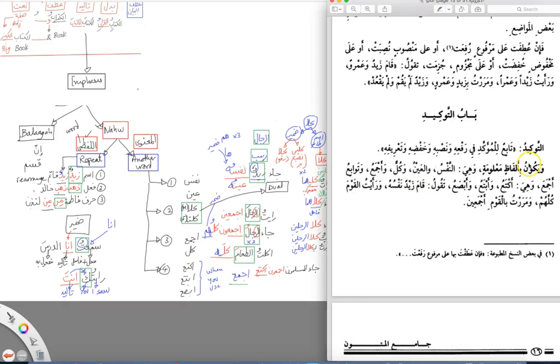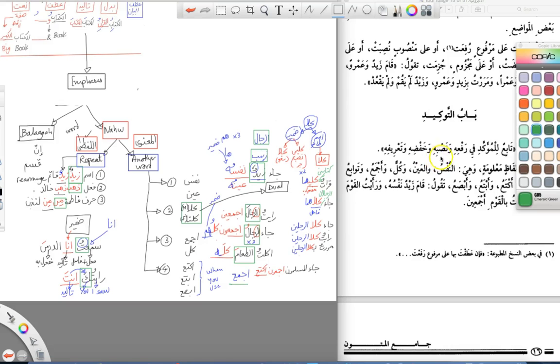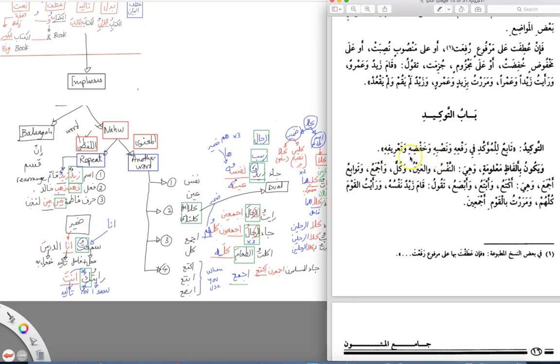Mu'akkads. So Tawkeed is a tabi', a following word, a copycat word, for the word that's being emphasized, fi raf'ihi, in its rafa state, meaning when, let's say, the word Zaid is rafa, or in its nasab state, wa khafdihi, and in its jar state, wa ta'rifihi, and if it's ma'rifa or if it's nakira.